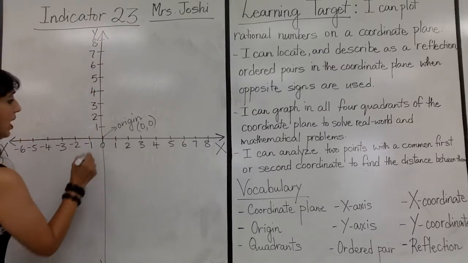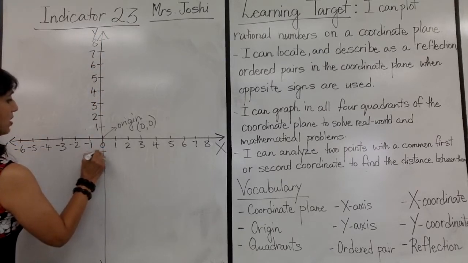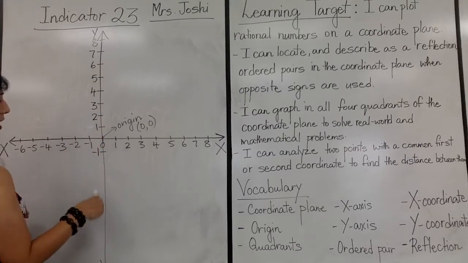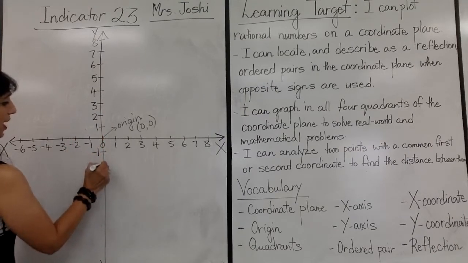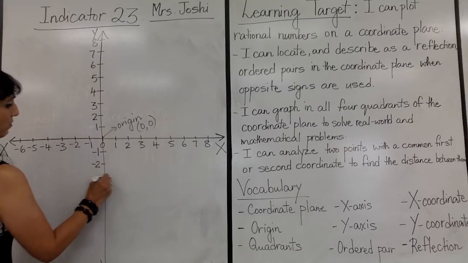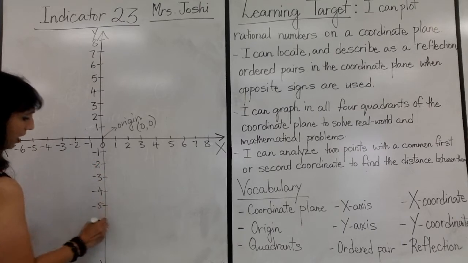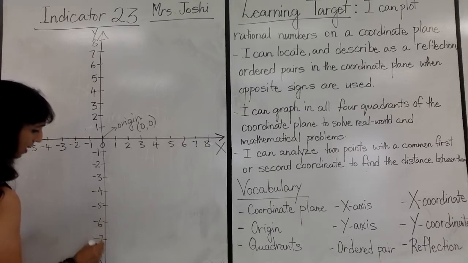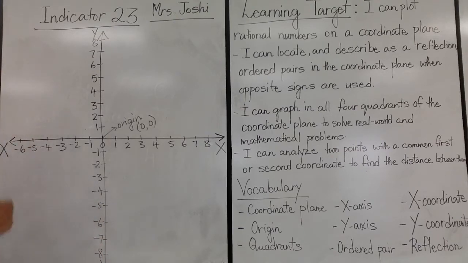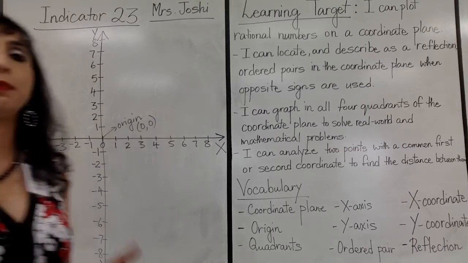And when we go down, that's underground or underwater, as you can think about it. So we are going below, so that's under, which is negative. So -1, -2, -3, -4, -5, -6, -7, -8, and so on. Okay? So this is how you always have to label it.